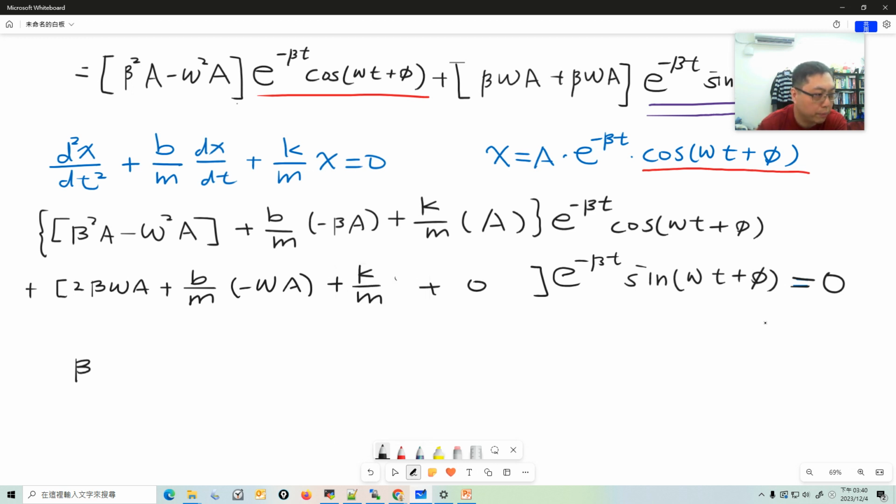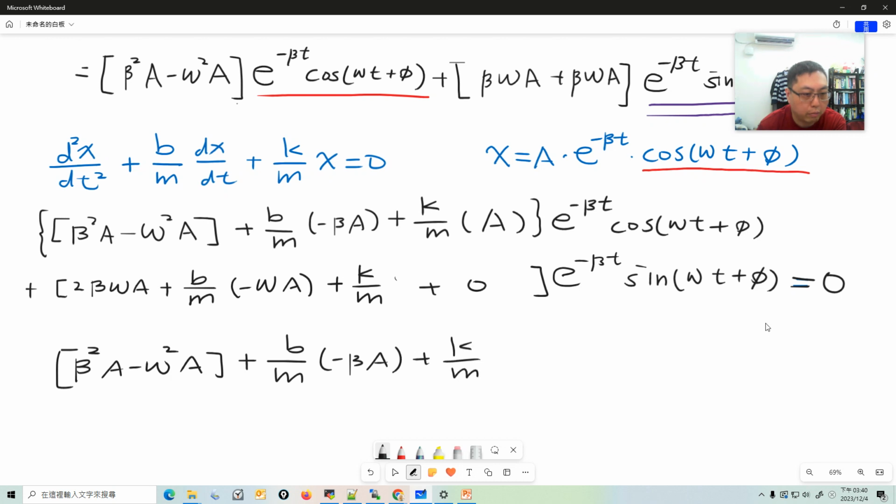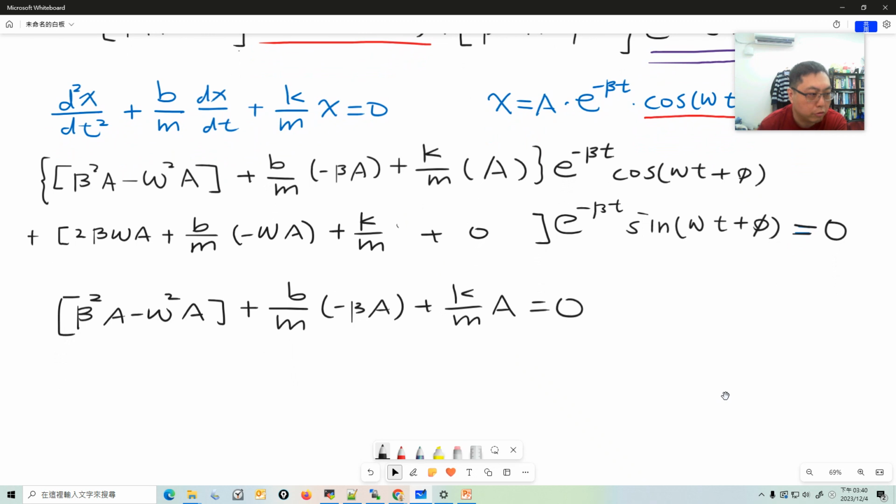Because beta squared A minus omega squared A, plus (b/m) times minus beta A, plus (k/m) A equals 0. And in the other situation, this term must be 0. And the second term, omega A plus b over m, minus omega A plus k over m.